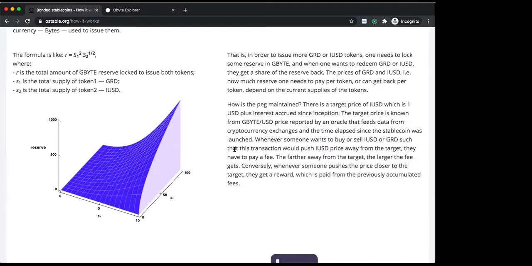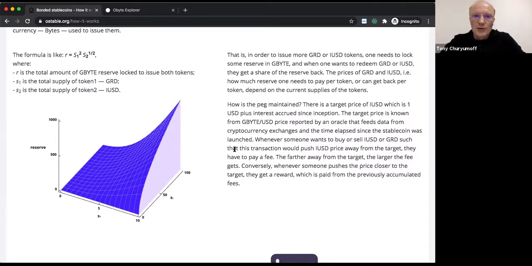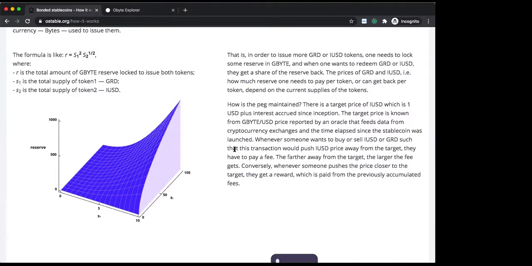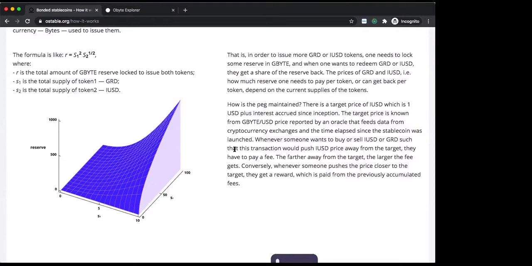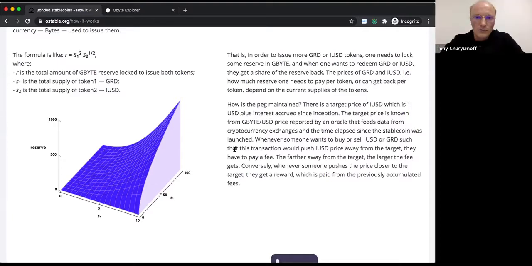So once you issue new tokens, you immediately change the price. And the next guy who issues more tokens will buy them at some other price. So the price constantly changes, and it depends on the supplies of both tokens.